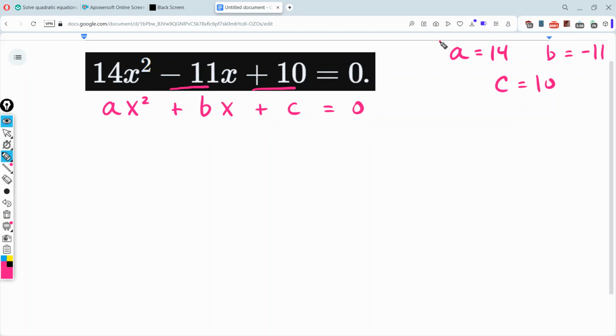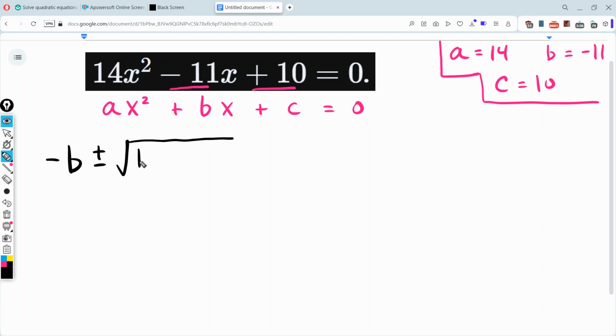So we are going to be using these in our quadratic formula. We're solving for x. We said the formula is going to be negative b plus or minus radical b squared minus 4ac all over 2a. Hopefully I have enough room.